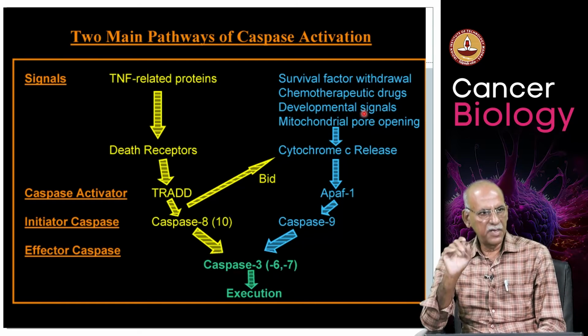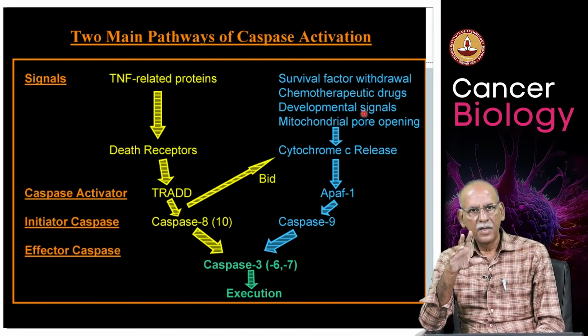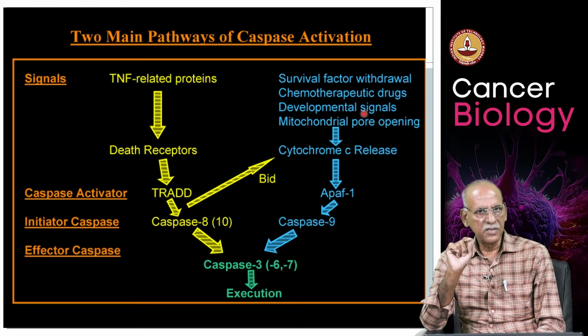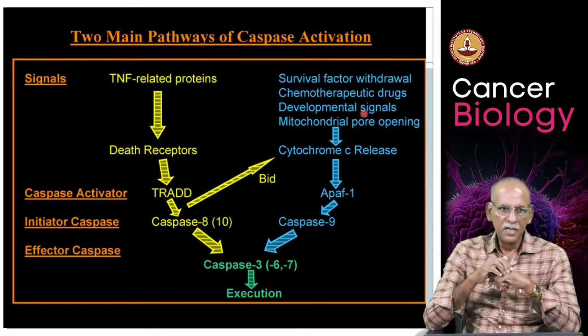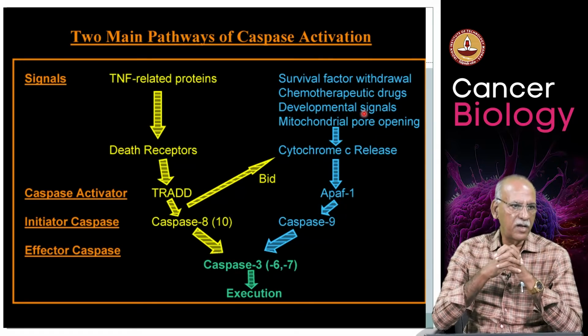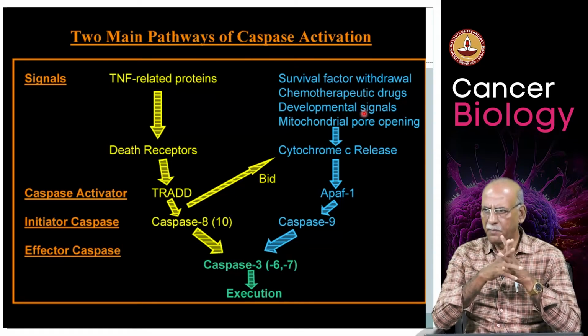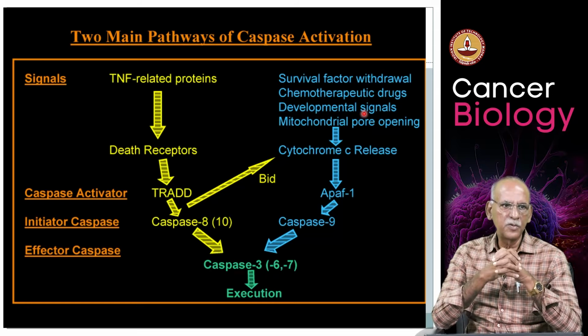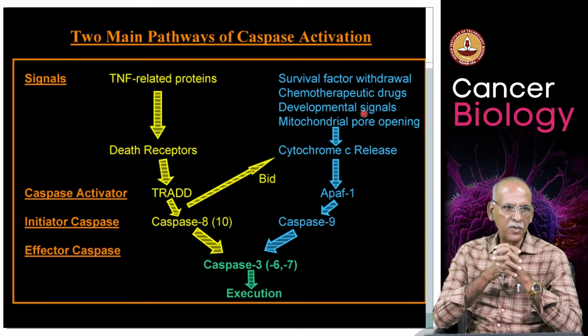Several molecules are released from the mitochondria. One of the most important ones is cytochrome C. You remember cytochrome C, traditionally mitochondria are known as the powerhouses of the cell, and cytochrome C is also known to be an important molecule in respiration.